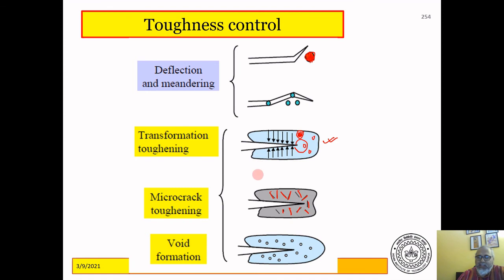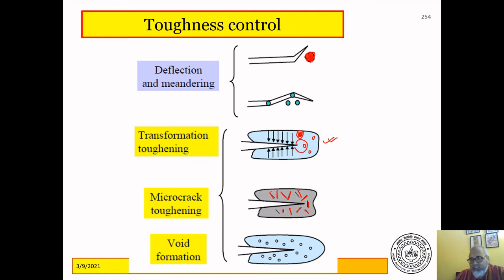The same thing can be done if, instead of cracks, I form micro voids all around the main crack. These micro voids will take energy to form, and this energy accounts for the GC and increases your GC, so that you need a higher G to propagate the main crack.